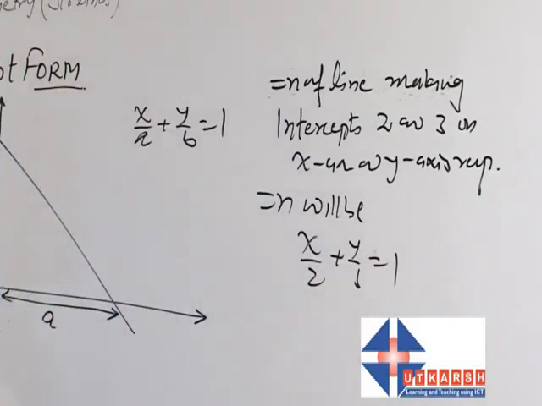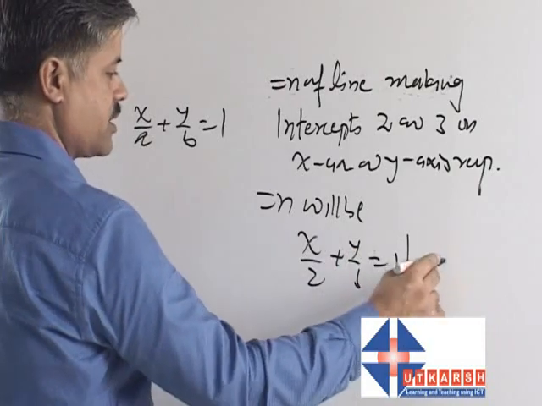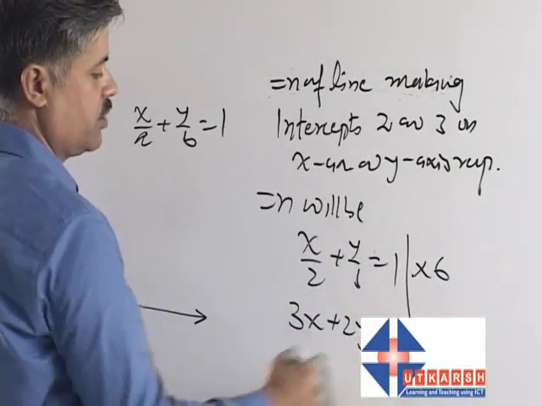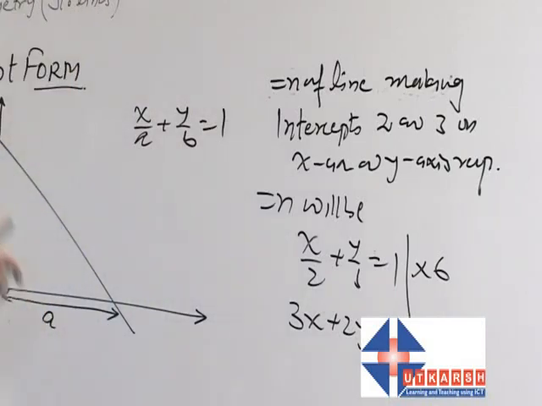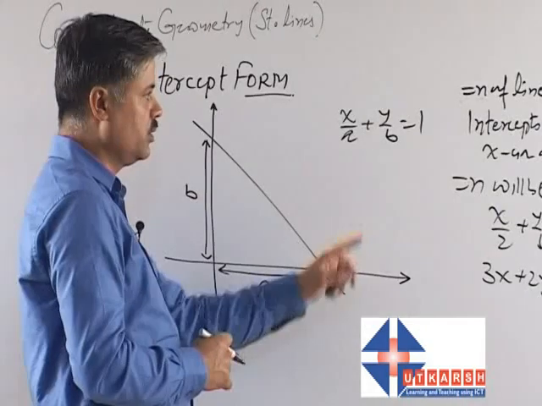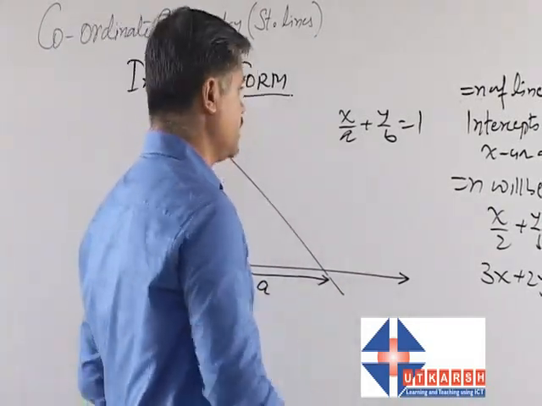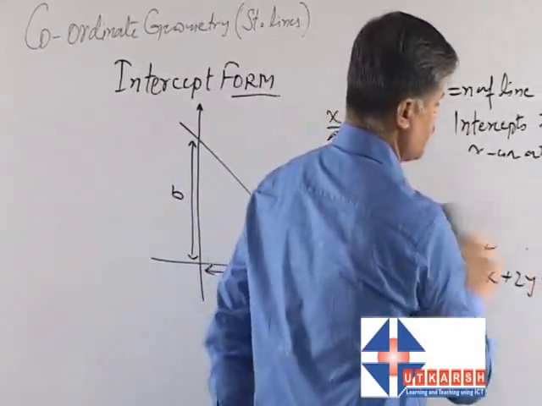Then you can translate it by multiplying with the LCM here 6, 3x plus 2y is equal to 6. This will be the equation of a line making intercept 2 on x axis, this much distance will be 2, 3 on y axis.